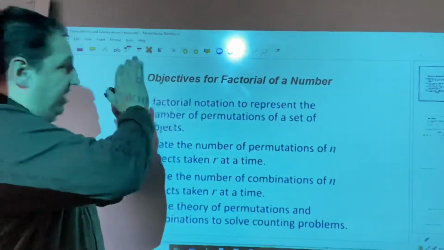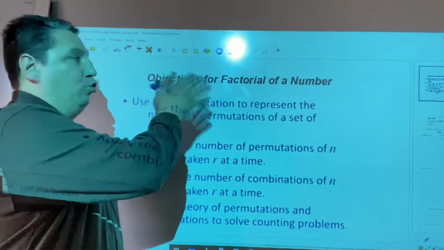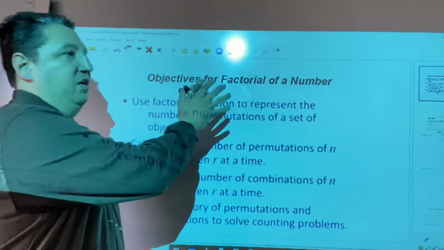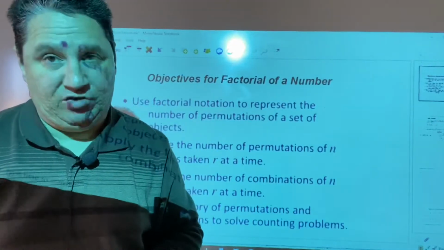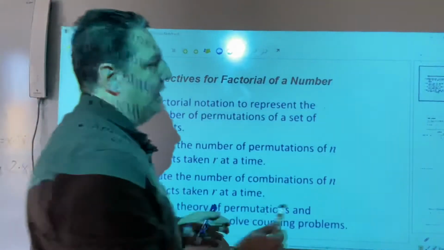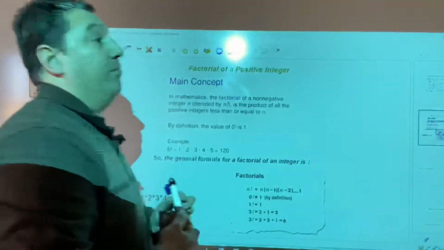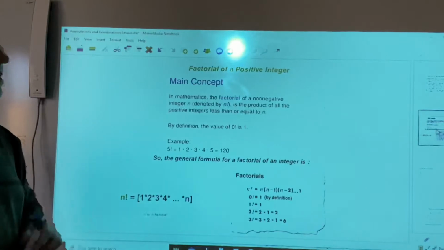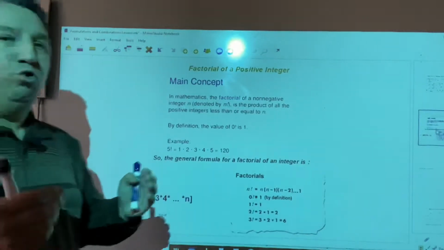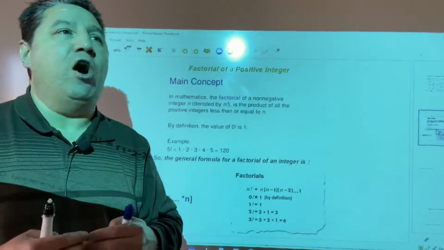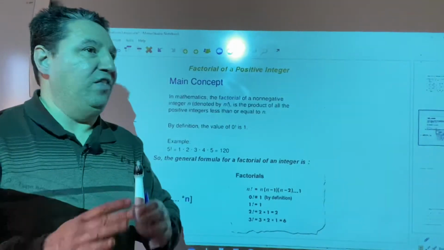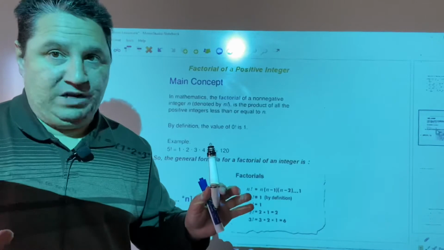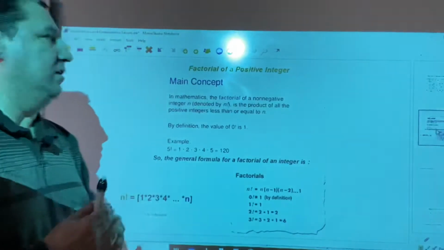Here we use factorial notation, or factorial of a number, to compute permutations and combinations. Now, let's define the factorial of a number. A factorial of a number can be only for positive integers. We don't have factorial for negative integers.